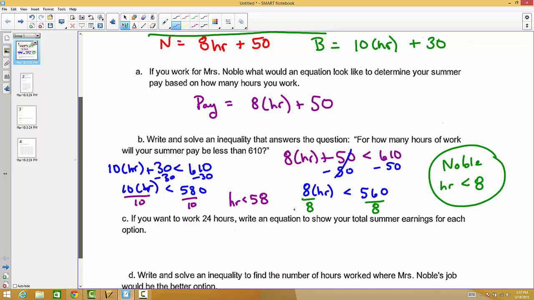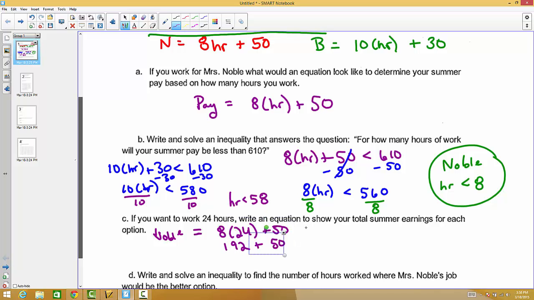All right, C says if you want to work 24 hours, write an equation to show your total summer earnings for each option. So for Mrs. Noble, you would do $8 times 24 plus 50. So you'd probably want a calculator to do 8 times 24, and that gives you 192.